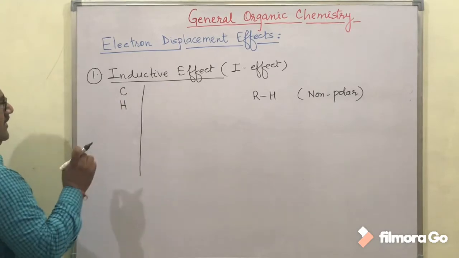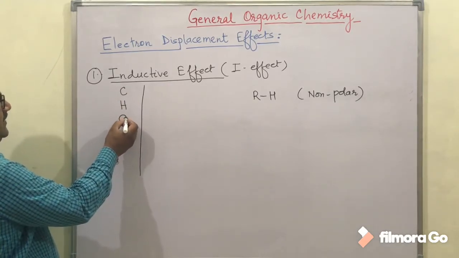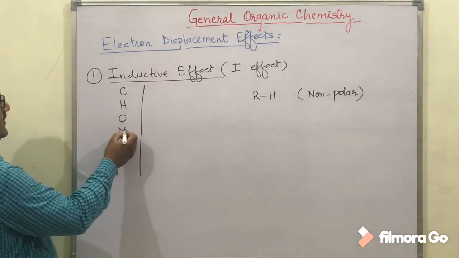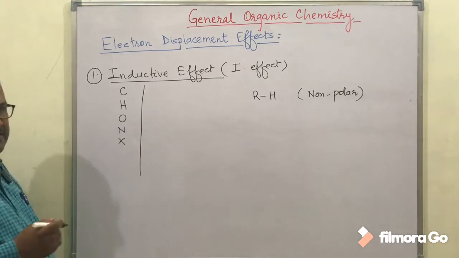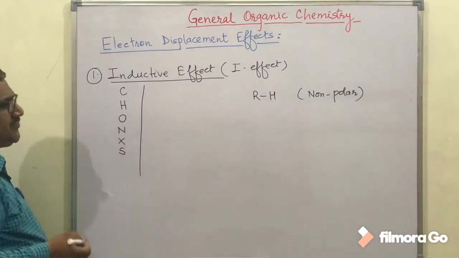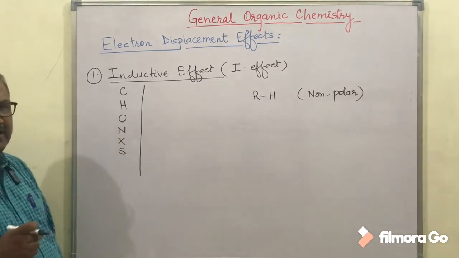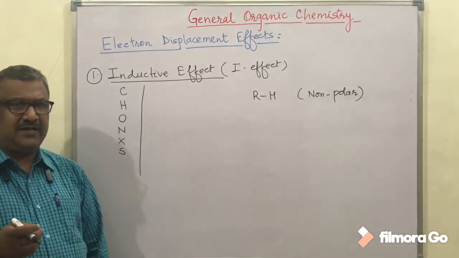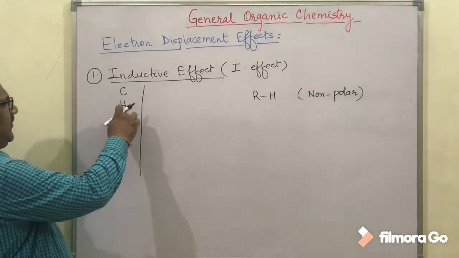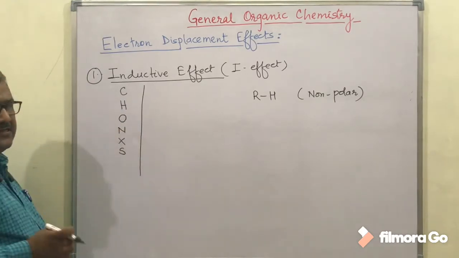Then after carbon and hydrogen, in organic compounds there is an oxygen atom, or a nitrogen atom, or halogens. In some organic compounds we can see sulfur also, although sulfur-containing compounds are not directly in our scope. In our scope, the organic compounds will mainly contain halogens, nitrogen or oxygen atoms.